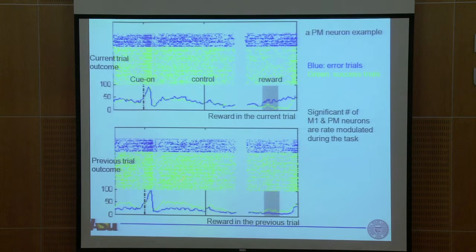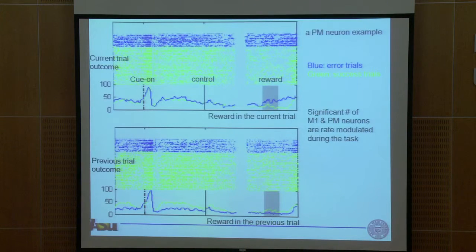But if you look at the previous trial outcome, again, blue is incorrect, green is correct. So if the previous trial is incorrect or the previous trial is correct, the firing rate is very different. This is firing rate over the time where he was executing the current trial.